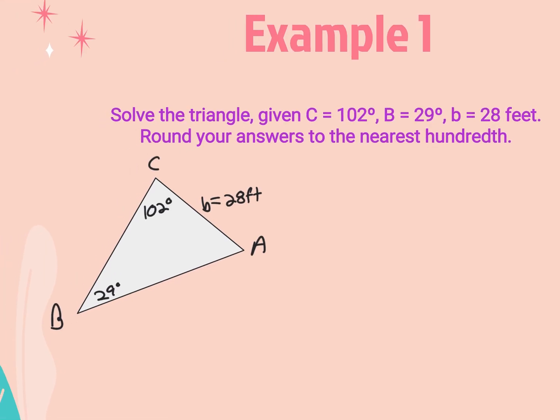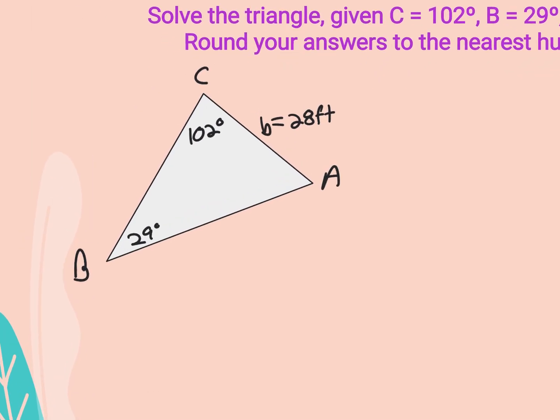Okay. What's one piece of information that we can find? Yeah, very good, right? We can very easily find angle A. How would we find angle A? Good, right? So you can do 102 plus 29 and then subtract that number from 180. When you do 102 plus 29, you should get 131.